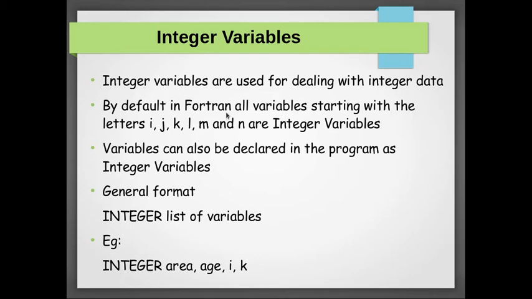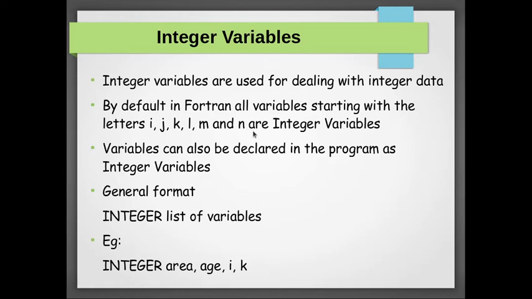By default, in Fortran, all variables starting with letters I, J, K, L, M, and N are integer variables. Simply means, if I have a variable named I, it can store only integer data.